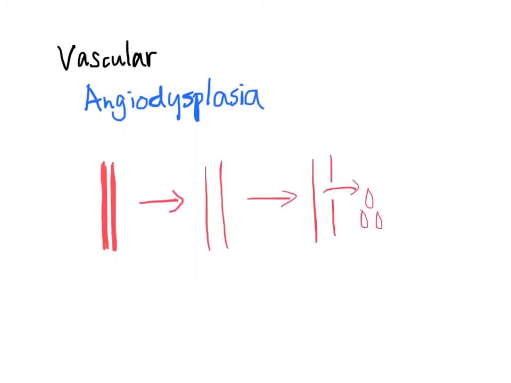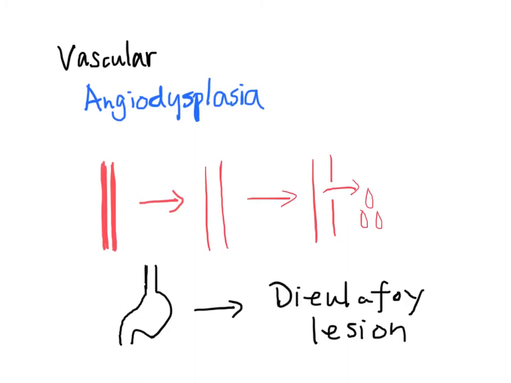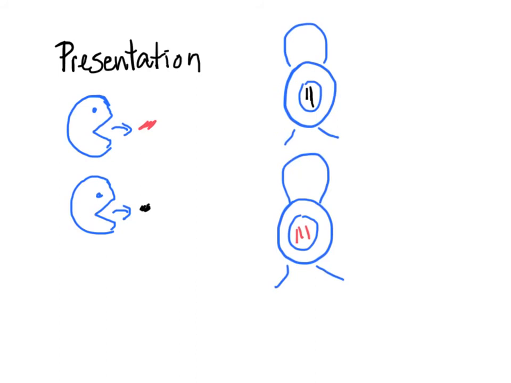Therefore, it starts to bleed. If there is an angiodysplastic lesion of one of the small blood vessels in the stomach, it has a specific name called the Dieulafoy lesion. Depending on where the lesion is, angiodysplastic lesion can present as hematemesis, coffee ground emesis, melena, or bright red blood per rectum.